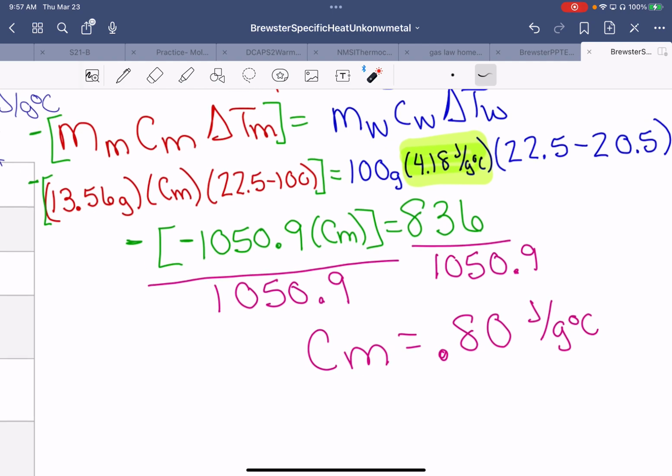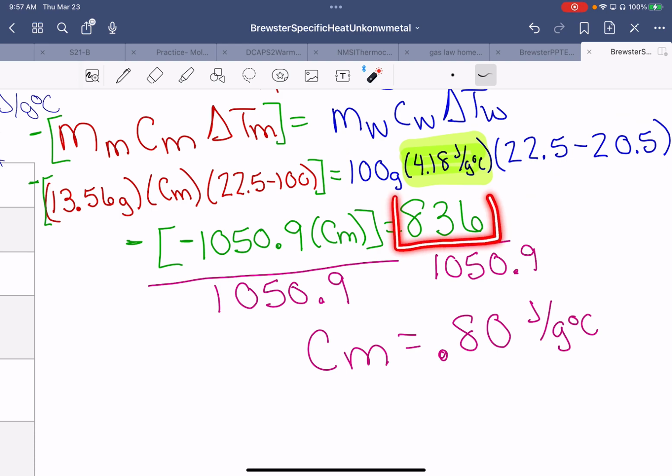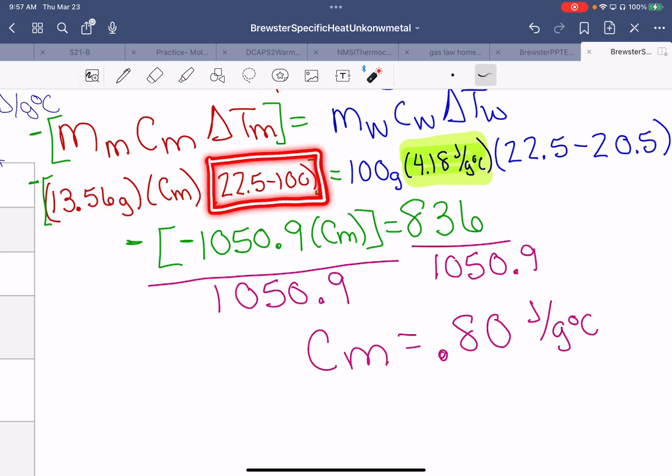Once I have that, let's get this side to a whole number first. So I do the multiplication of that. I'm going to get 836. Okay, then I'm going to do 13.5 times the difference of 22 minus 100. That's going to give me a negative number. So when I do the multiplication, I get 1050.9.